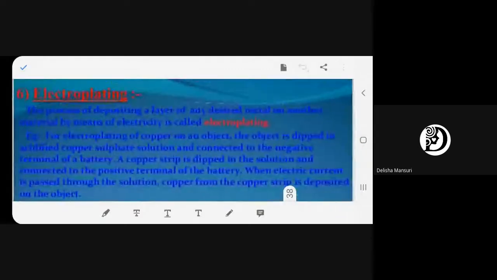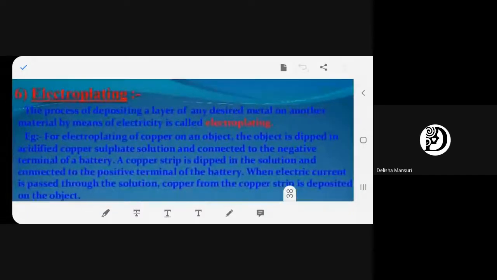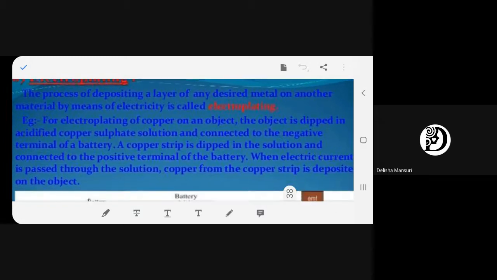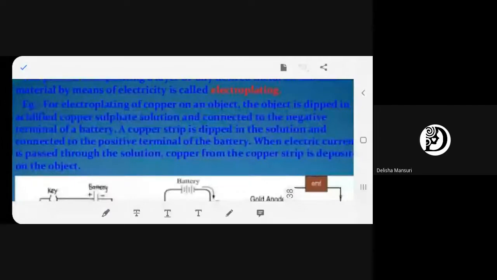Again, we'll do the same thing for revision purposes. Please begin. The process of depositing a layer of any desired metal on another material by means of electricity is called electroplating. Example for electroplating of copper on an object.